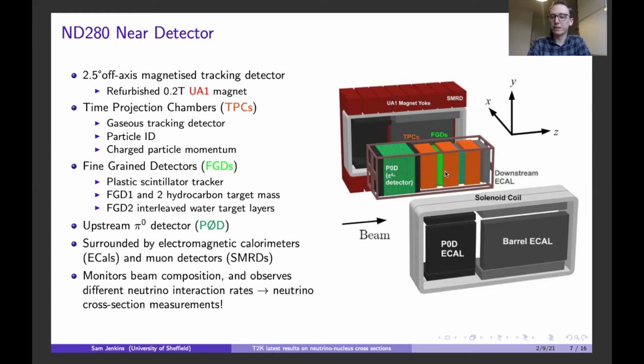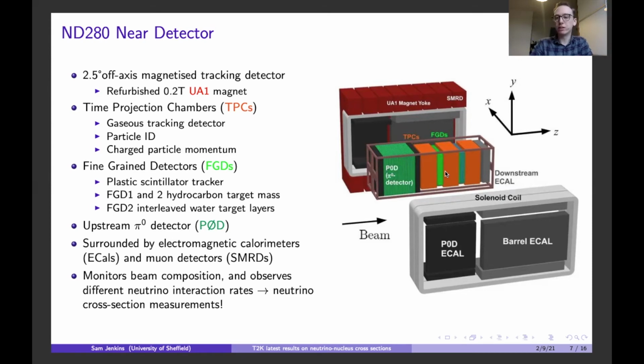These are both plastic scintillator trackers, where FGD1 is entirely hydrocarbon, but FGD2 is hydrocarbon interleaved with water layers, and this means we're able to perform cross-section measurements on water, which is particularly useful as that's also the target medium for Super-K.